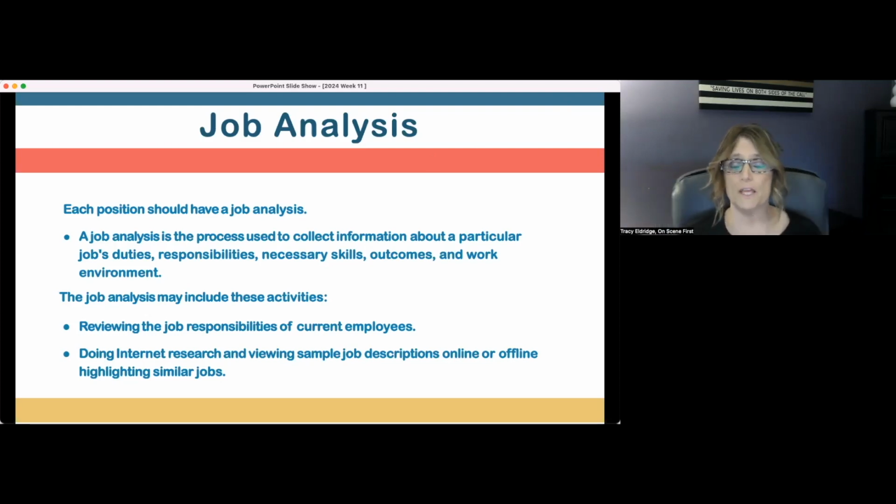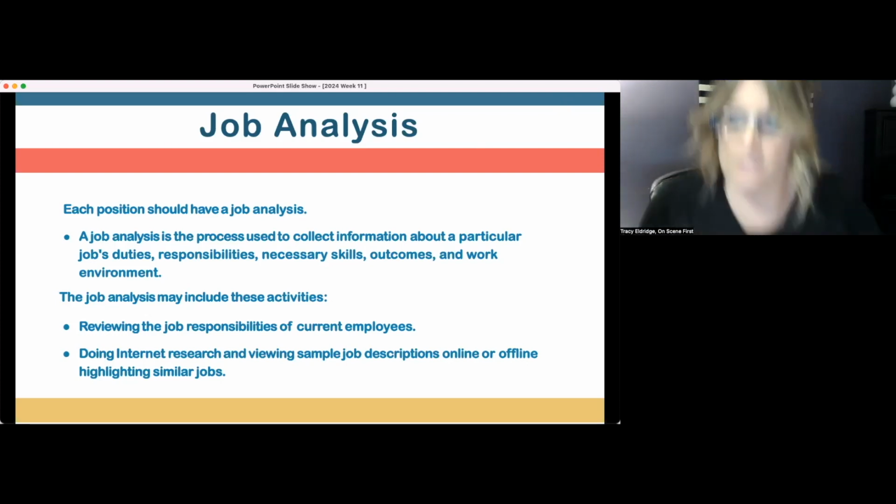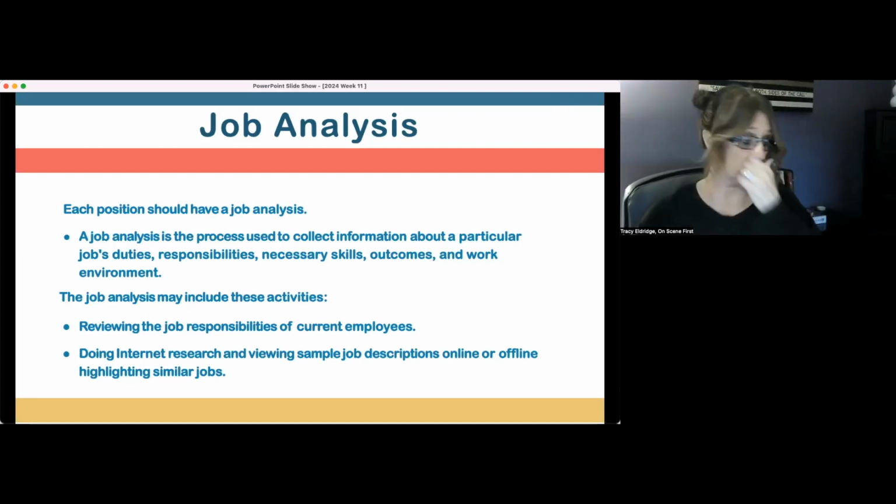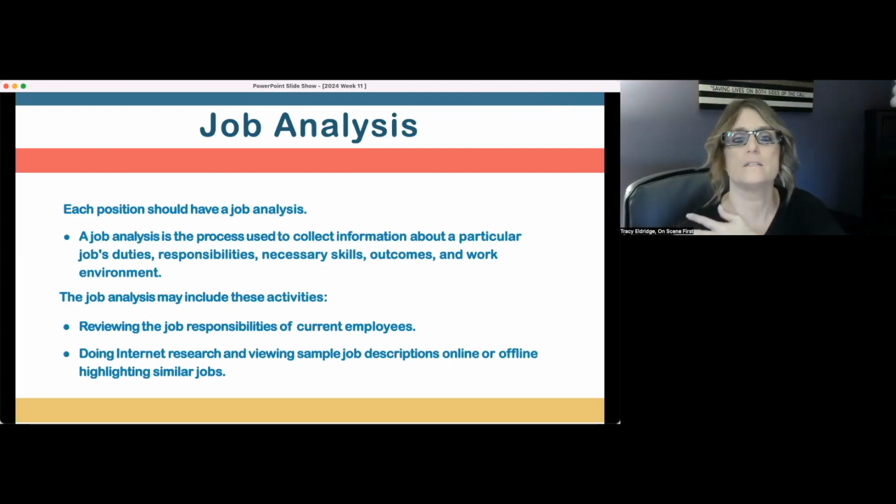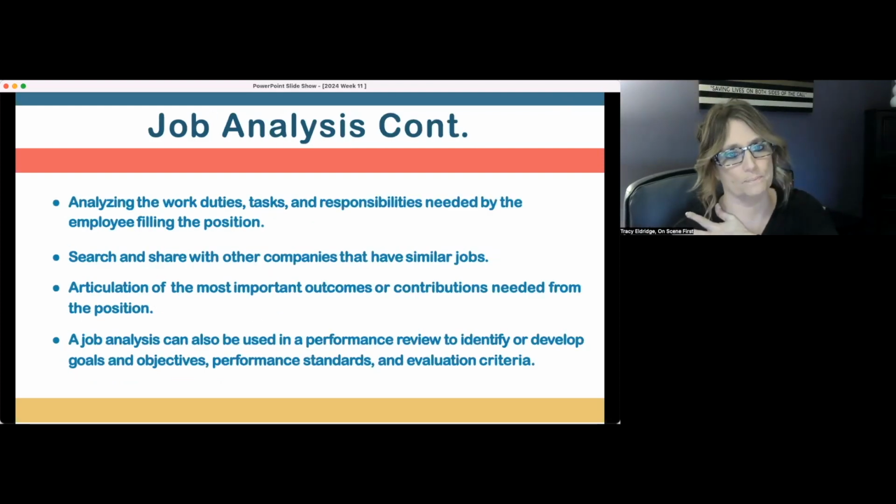A job analysis may include reviewing the job responsibilities of the current employees and maybe even outside agencies. So doing internet research, or looking into other agencies that have similar demographics, size, population, etc. A job analysis is analyzing the work duties, tasks, responsibilities needed by the employee to fill that position.